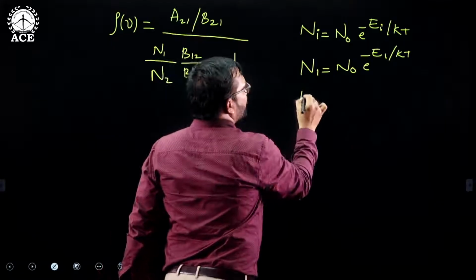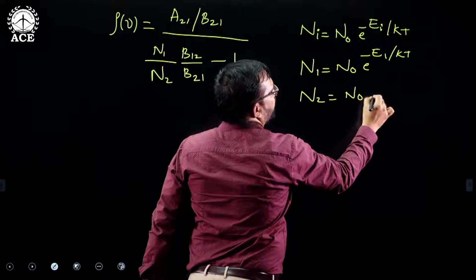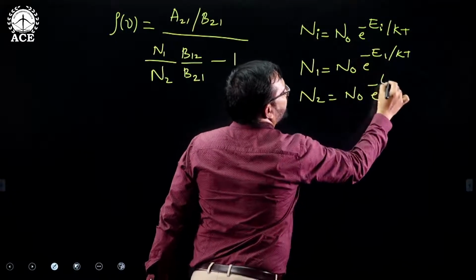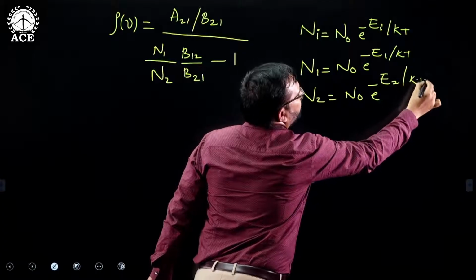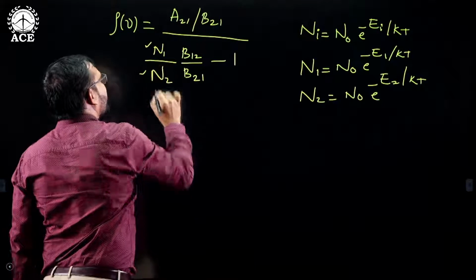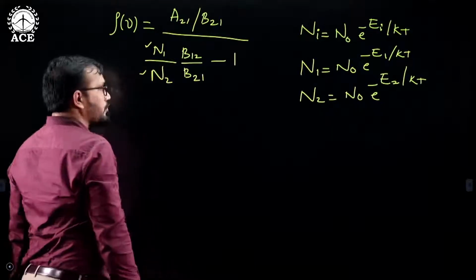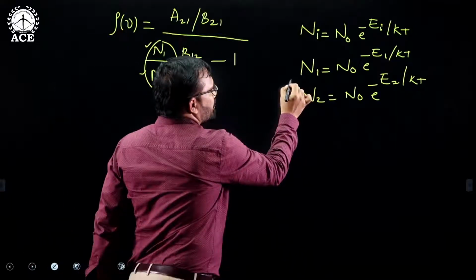Similarly, N2 is N0 exponential of minus E2 by kT. Now what do I need here? N1 by N2. So N1 by N2 means this one.